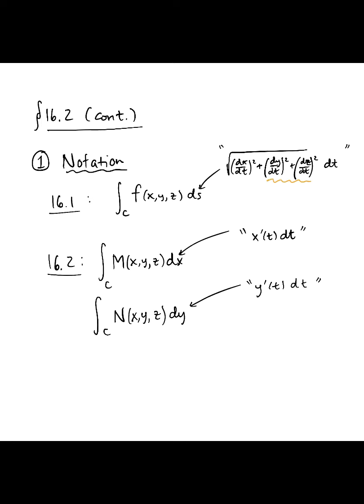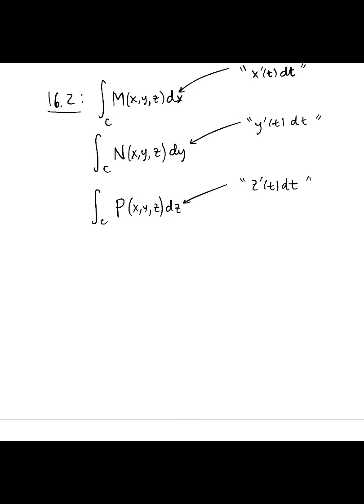Everything else the same, just like it was in 16.1. Or for that matter, we could do everything dz, where the dz goes in as z prime of t dt.